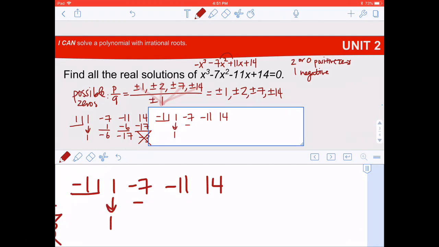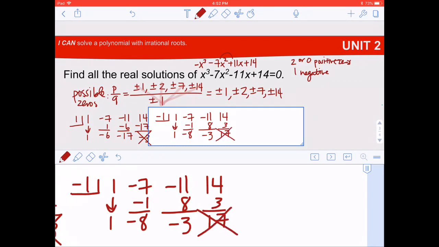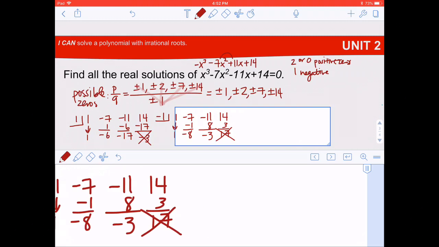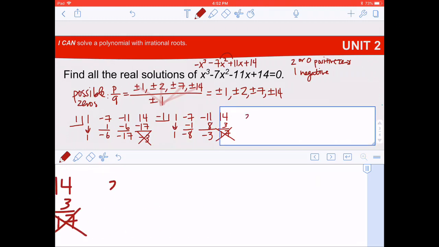Bring down the 1, negative 1 gives us negative 8, positive 8, negative 3. That's going to be a positive 3, which gives us 17. So then we know negative 1 is also not a solution. Let's check one more before we decide to maybe graph it. We're going to check 2. So actually, let's check negative 2.